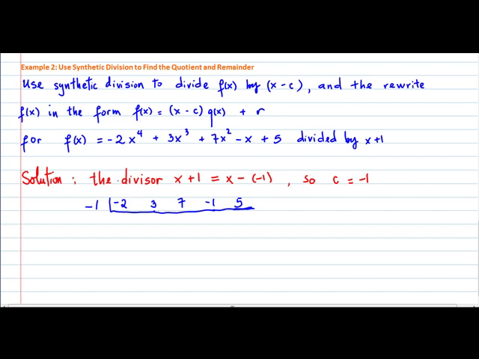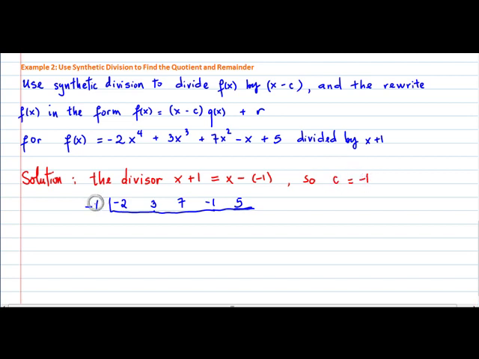Solution. The divisor is x plus 1. However, we can rewrite it as x minus minus 1, because minus and minus is plus, so it's the same thing. So therefore, c is minus 1.